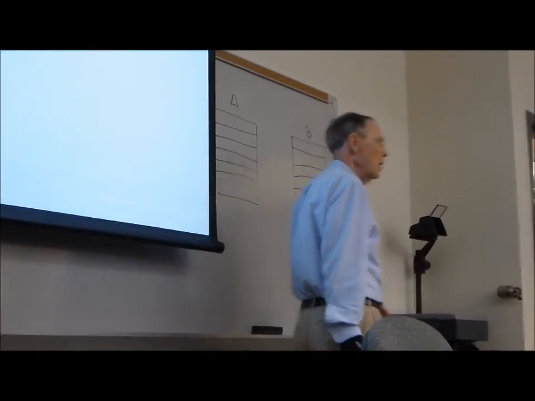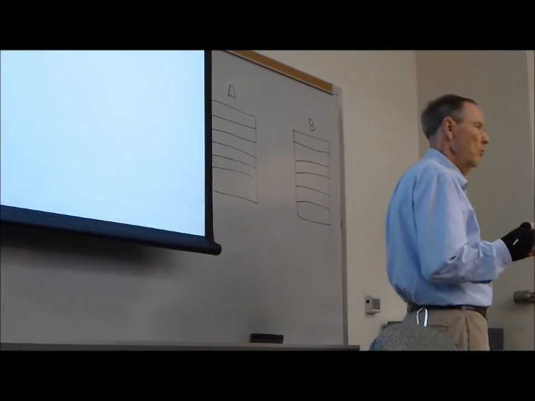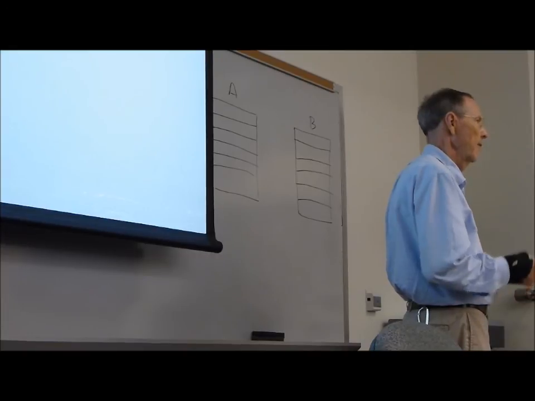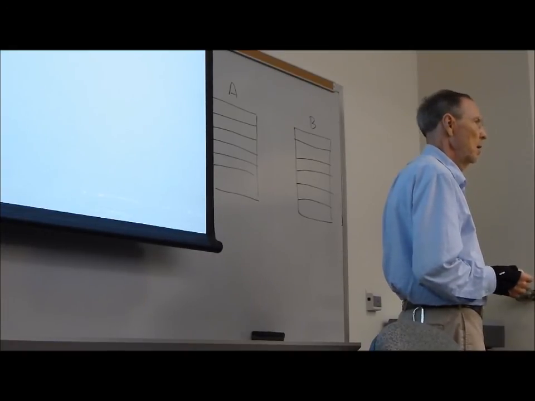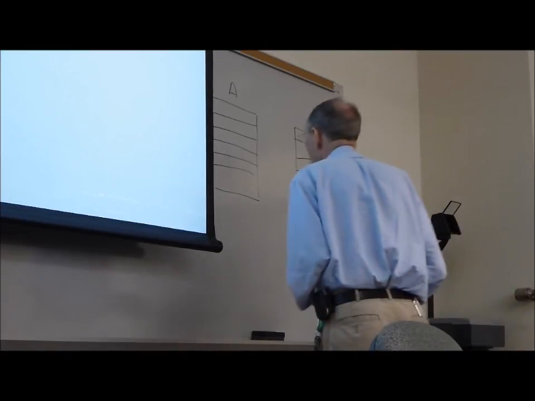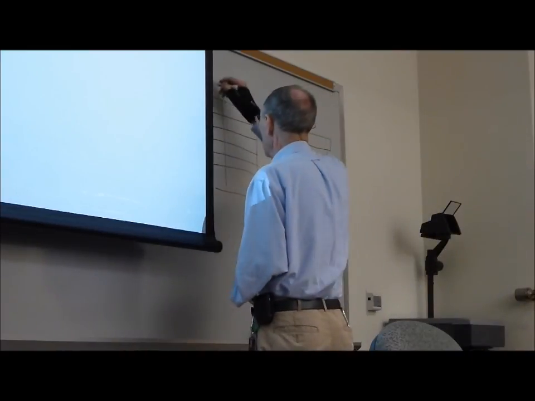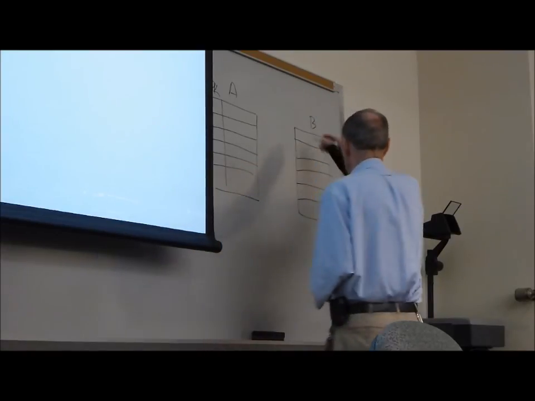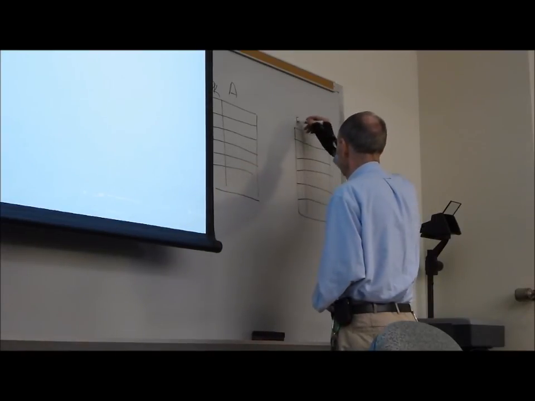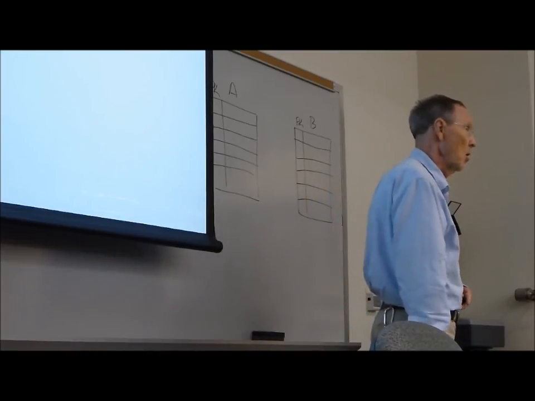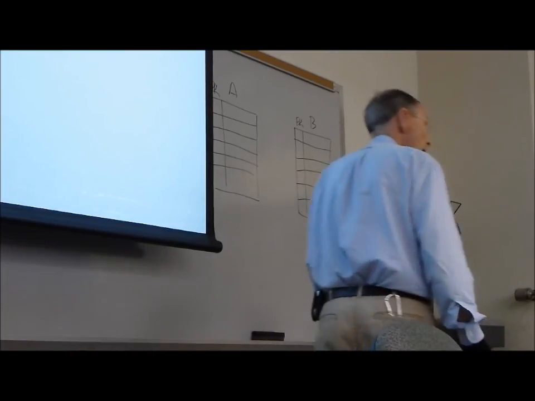The only requirement is that we have common columns in both tables that have common values. Typically when we do that for databases, that's going to be a primary key and a foreign key. That's going to be our practical thing.